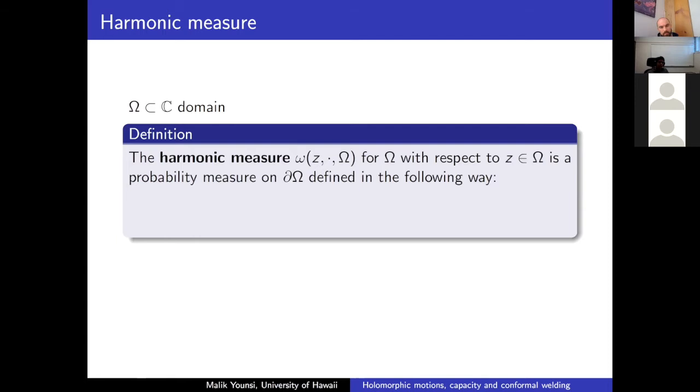For the harmonic measure, there are a lot of definitions, but one definition that is simple to state is the probabilistic interpretation. Harmonic measure for a domain omega with respect to some fixed point z in the domain is a probability measure defined on the boundary of the domain in the following way.